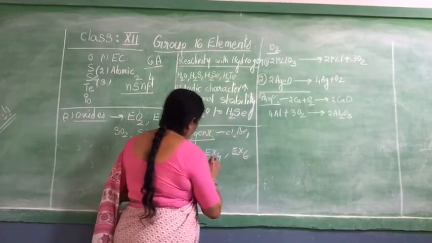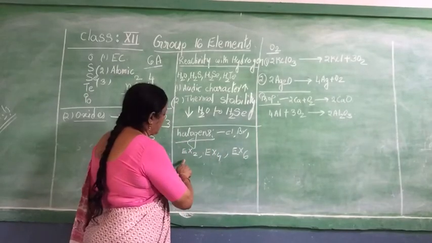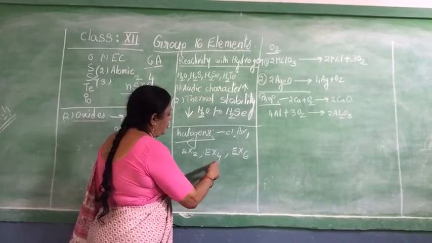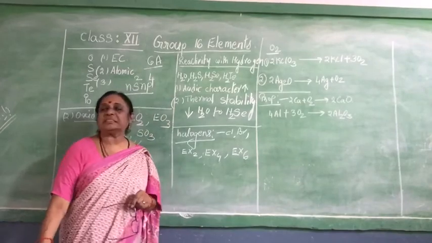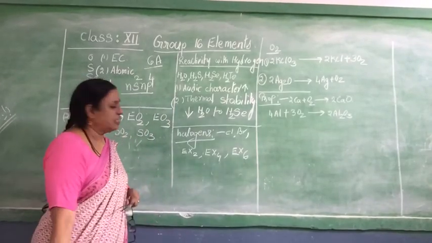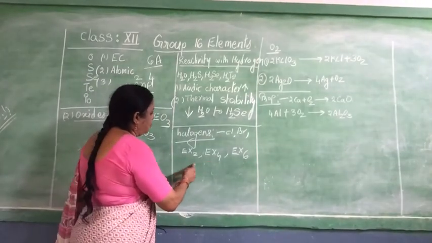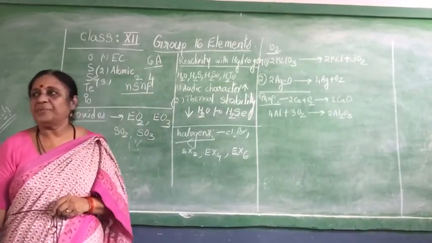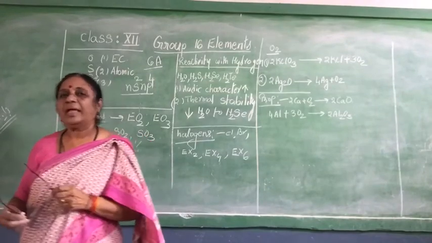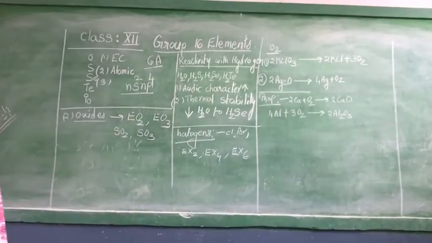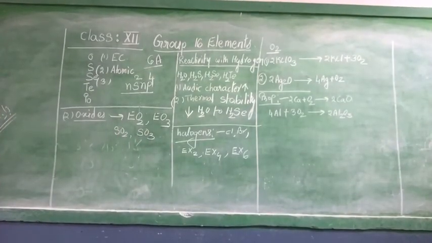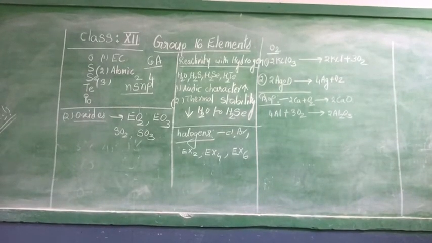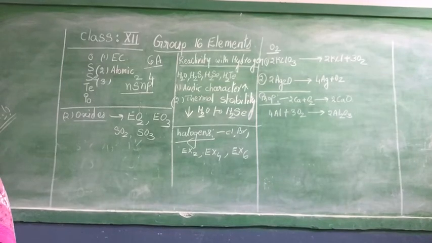Take for example sulfur: SF2, SF4, SF6. Among the tetrafluorides, SF4 is a gas, SeF4 is a liquid and TeF4 is a solid.